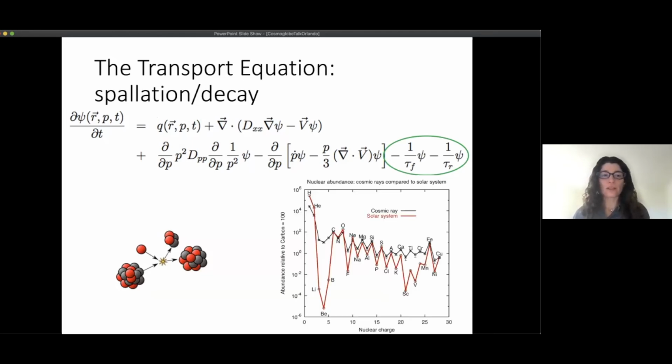As shown in this famous plot, the comparison of the elemental abundances of cosmic rays with respect to the solar system indicates which elements are secondaries, such as lithium, beryllium, and boron, for example. In more detail, the secondary nuclei provide evidence of the propagation history of cosmic rays and also allow cosmic ray propagation to be probed, which is actually the interest of our effort.